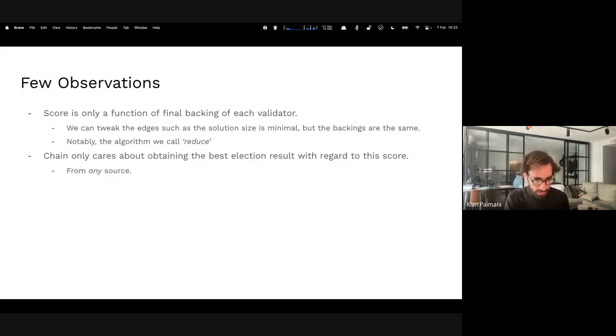So you're like 10% this, 10% that, 20% this, 10% that. But these entities that run the election and then submit it run this reduce algorithm, so that all of these edges that you have as one nominator get reduced to 1, 2, or maximum 3 in most cases, but the score of the entire solution doesn't change.